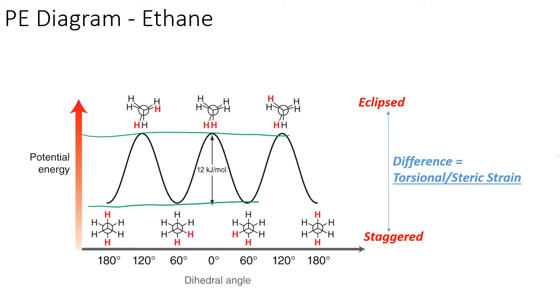So essentially the difference between our staggered and our eclipsed. Whenever we have 2 hydrogen atoms lying on top of each other, that's a potential energy gain of 12 kilojoules per mole. Now this isn't a number you need to memorize or anything, but we'll see that hydrogen's a really small atom. And so when we have 2 hydrogens essentially on top of each other, it's not that huge of an energy gain. As the group gets bigger and bigger that's being eclipsed, the energy gain will be more and more and more.